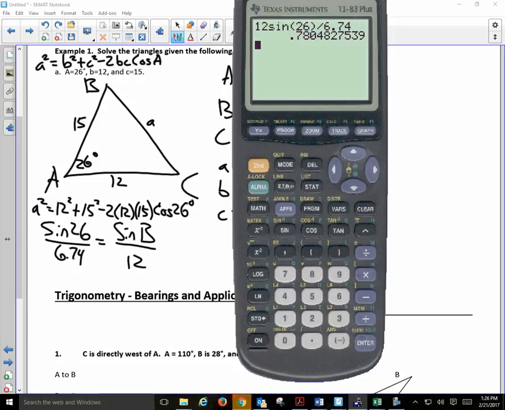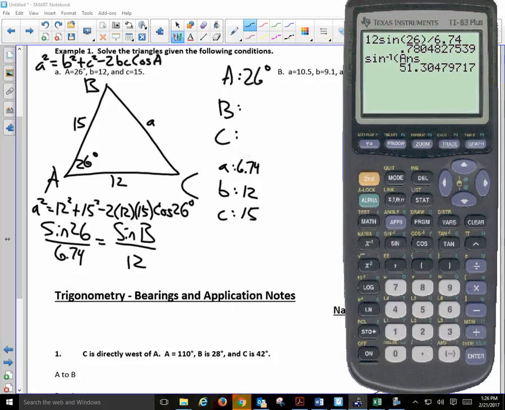Great. And I get 0.78. Sine inverse, 51.3. Again, is there any way that that could be an obtuse angle? No, it's got to be acute. Well, now I find C by just subtracting from 180. So 180 minus the answer, minus 26, gives me 102.7 degrees.